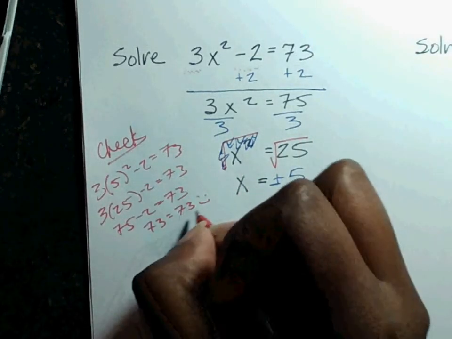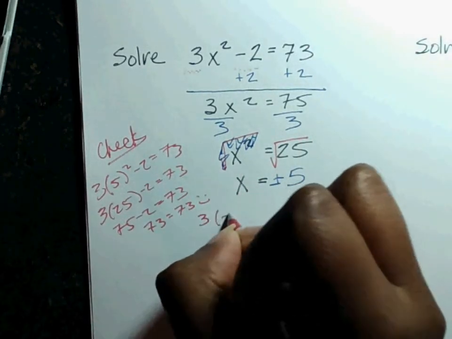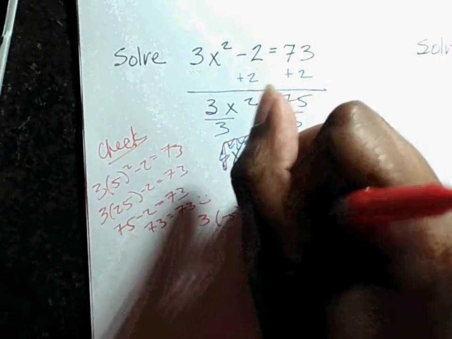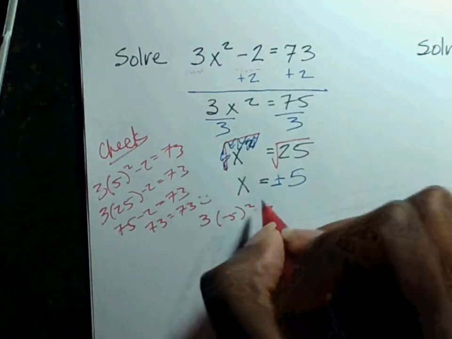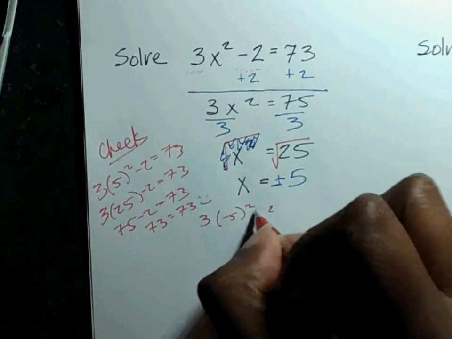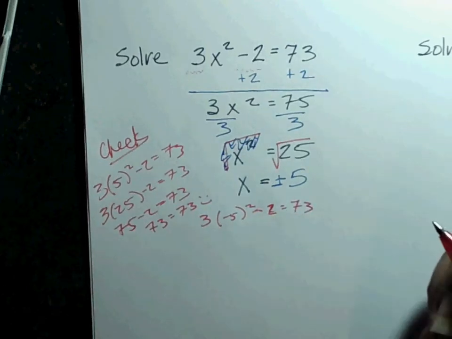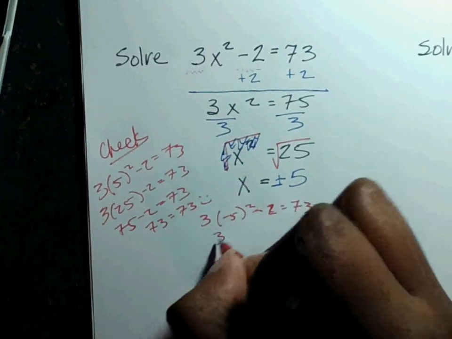Now I've got to try negative 5. I made a mistake. That's right, you always write in pencil or erasable pen. Okay, negative 5 squared.